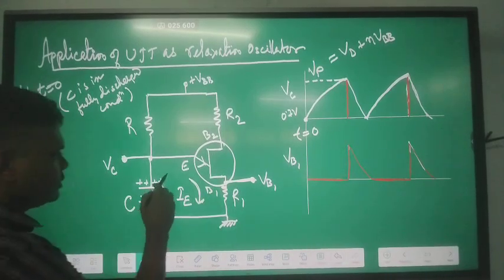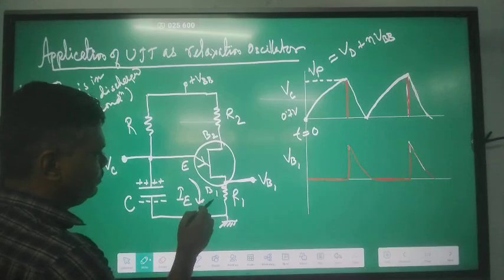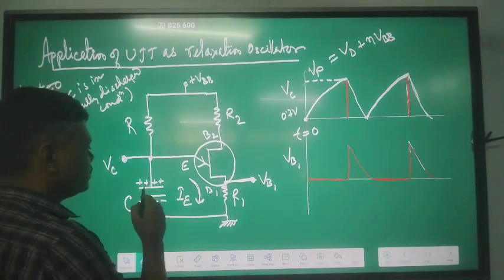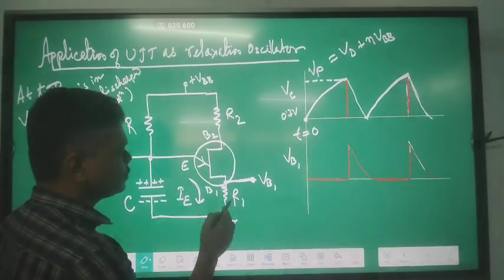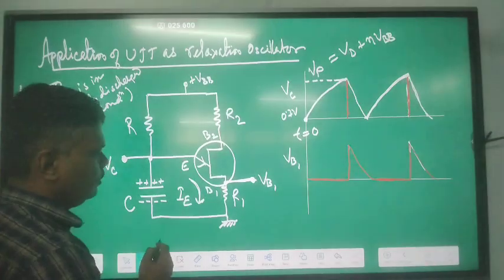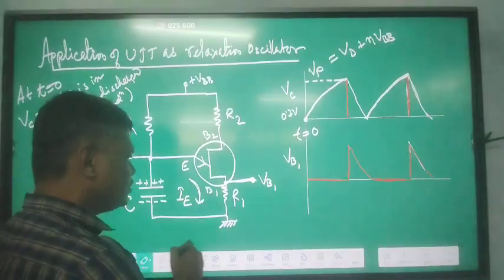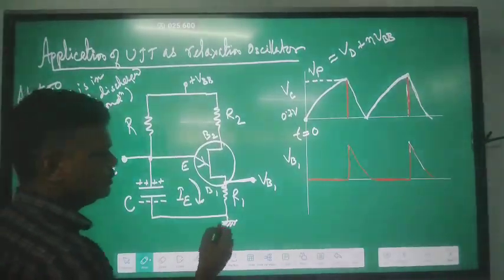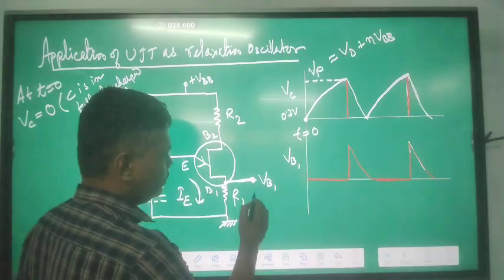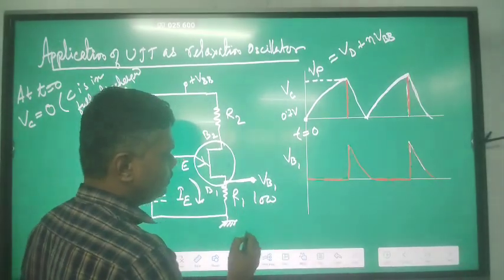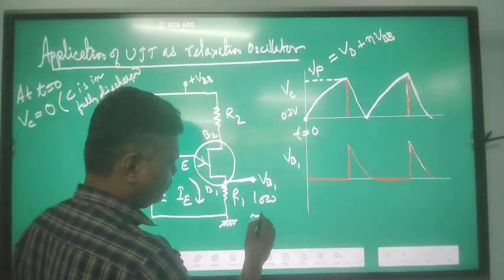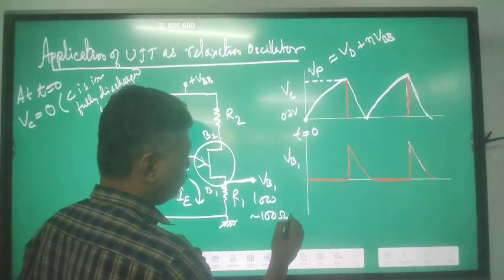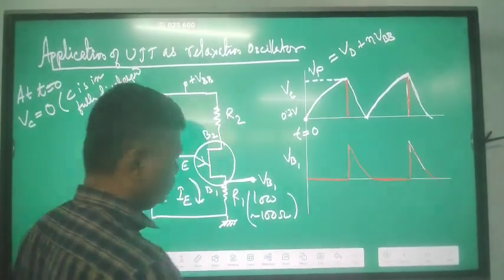So as this current IE flows through this EB1, this capacitor now will discharge through R1, and it will discharge very fast as the value of R1 is taken to be very low, around 100 ohm or even less.